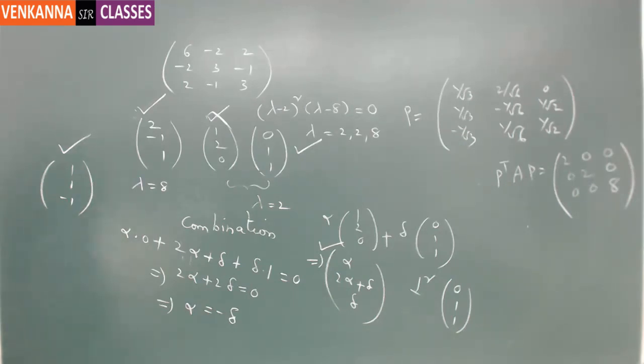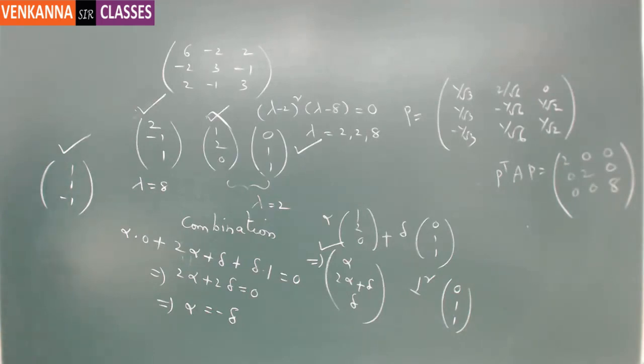Whenever the eigenvalues are repeated, the eigenvectors need not be pairwise orthogonal. In such a case, among the two, you take one vector and replace it with a new vector by using this type of procedure, and then do normalization and find P transpose AP as usual. No difference at all. So these are the two things about orthogonal reduction.